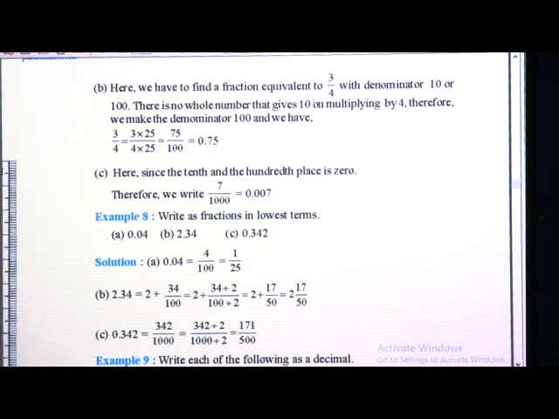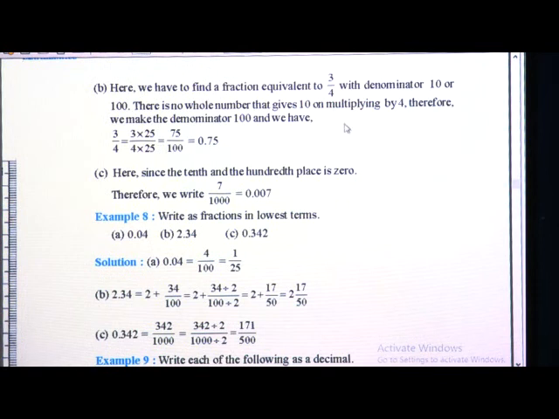So, see what do we have? 3 by 4. So, 4 multiplied by any number, can it give us 10? 4 2s are 8 and 4 3s are 12. So, in both cases we do not get the denominator 10. Okay.